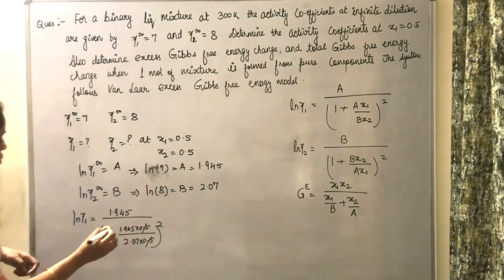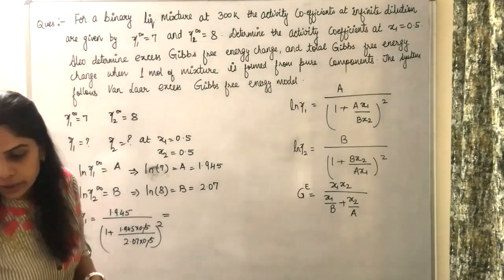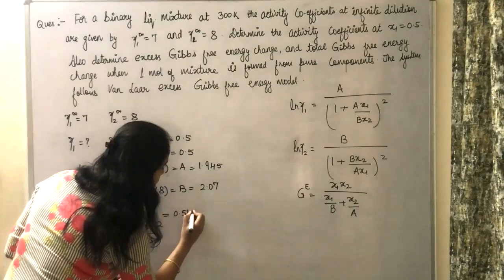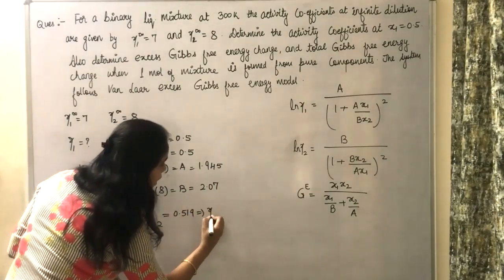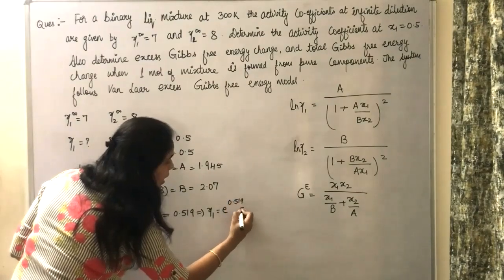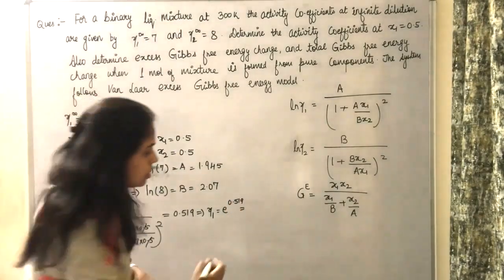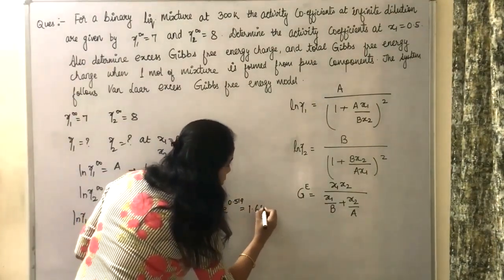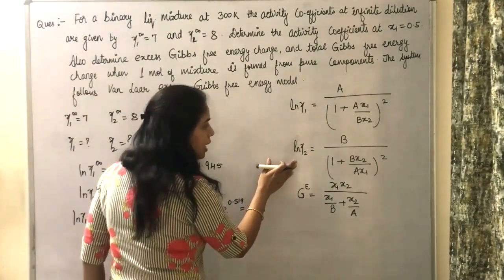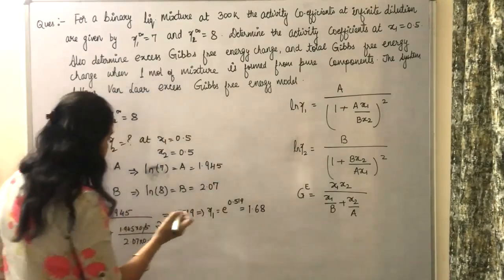When you solve this, you get ln gamma 1 as 0.519, and then gamma 1 is e raised to the power 0.519, and the value is 1.68.